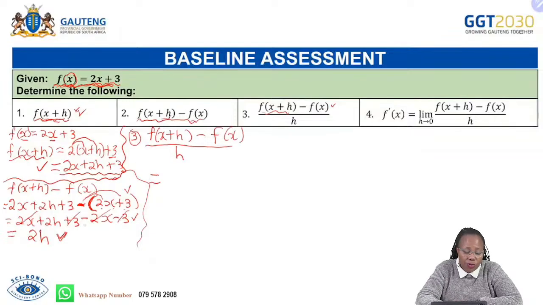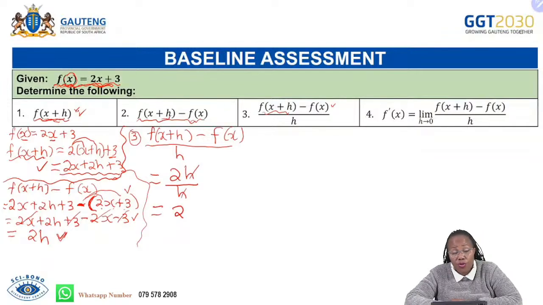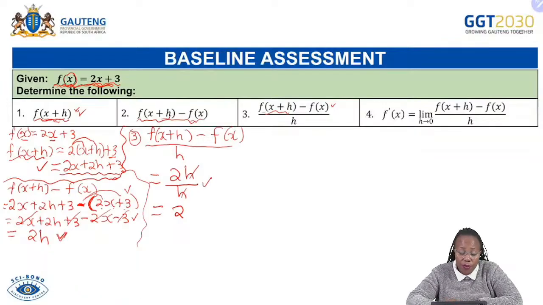So the top part is 2h, and then divide by h. The h will cancel an h. We are left with only 2, grade 12. So the first mark will be for simplifying or substitution of the correct answer there, and for the final answer, which is equal to 2.